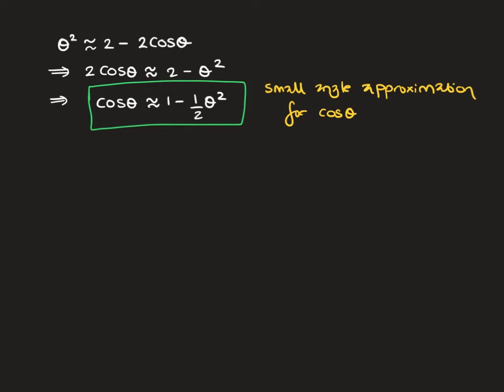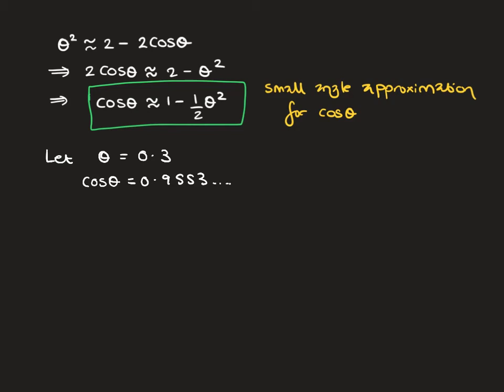Now let's test this out. I'm going to choose a small value of theta, of course in radians. Let's let theta equal 0.3, and let's work out what cos theta is equal to. So in radians, cos of 0.3 is equal to 0.9553, which makes sense, it's very close to 1, thinking about the cosine graph.